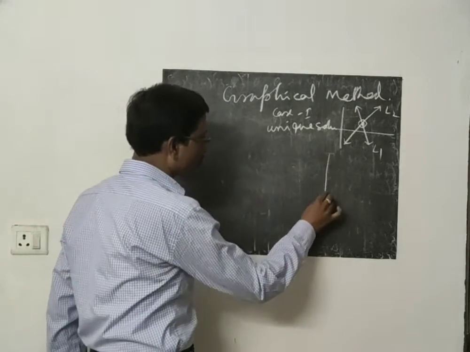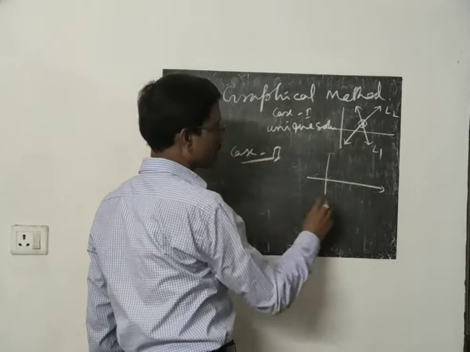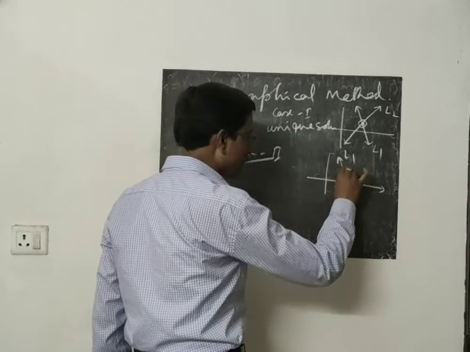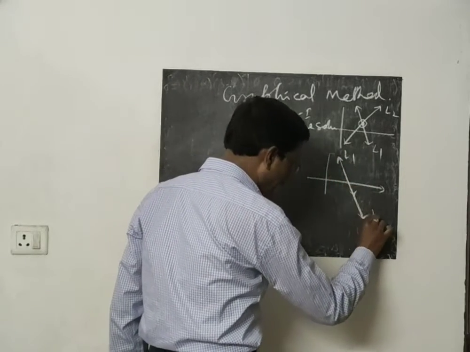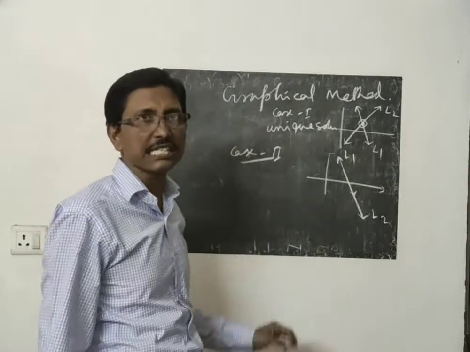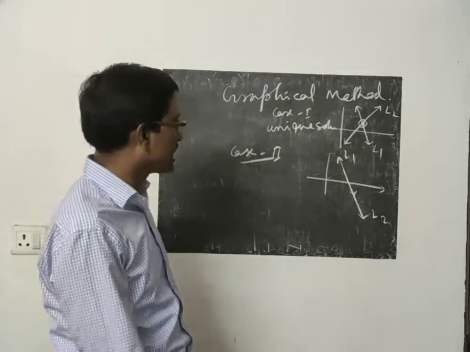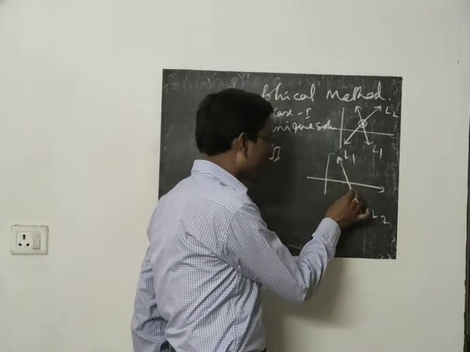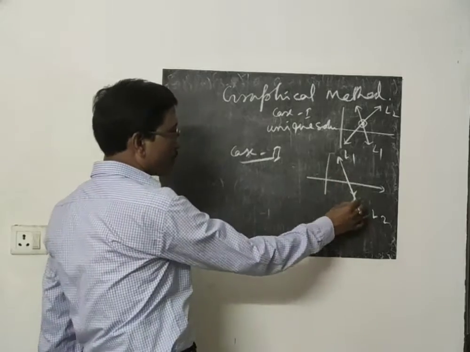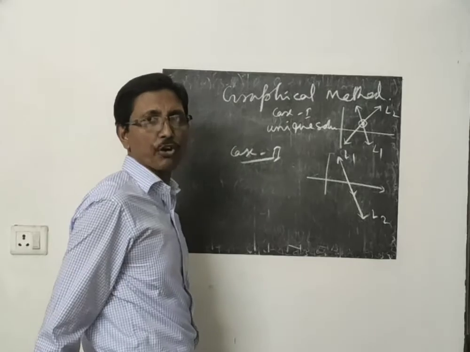Second case, case 2: one line, suppose this one is L1, and another line is also on the same line. Both the lines, or both the equations, represent the same line. That means the two lines are coinciding. Since they are coinciding, each and every point is a common point, so infinitely many points are common.